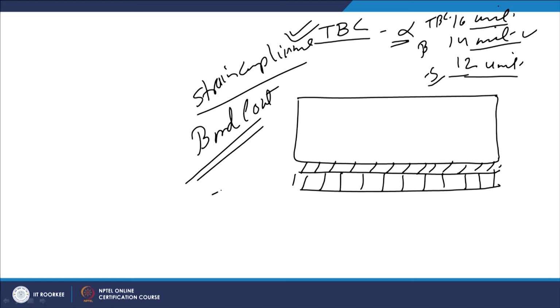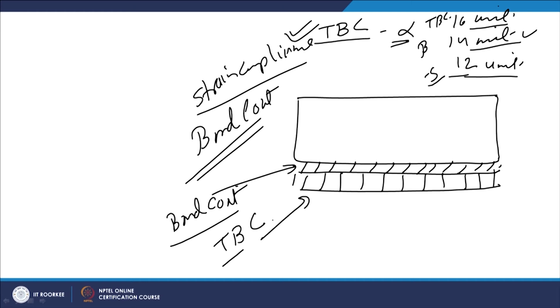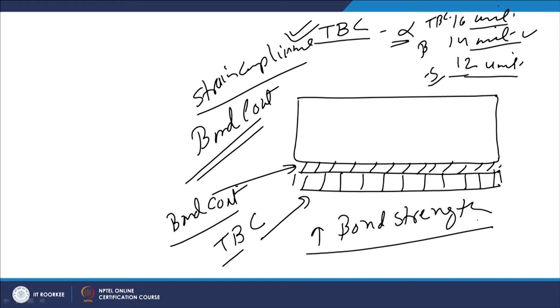So, first to deal with the strain compliance issue, the bond coat is applied onto the substrate and thereafter the thermal barrier coating is applied over the bond coat. Application of the bond coat improves the bond strength, the strength with which the TBC material is held onto the substrate.